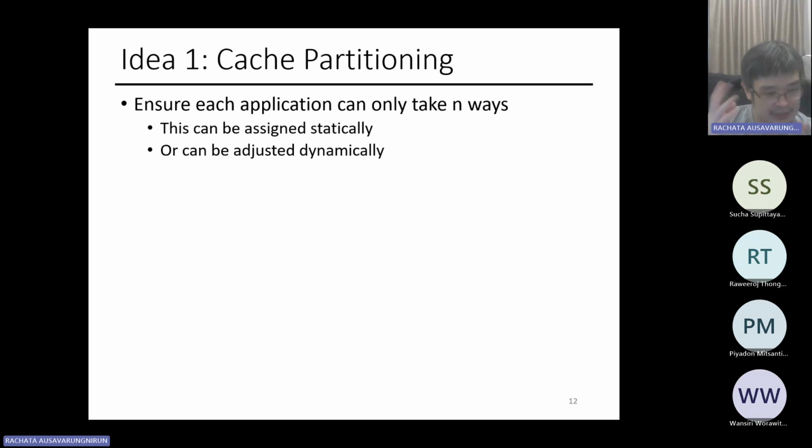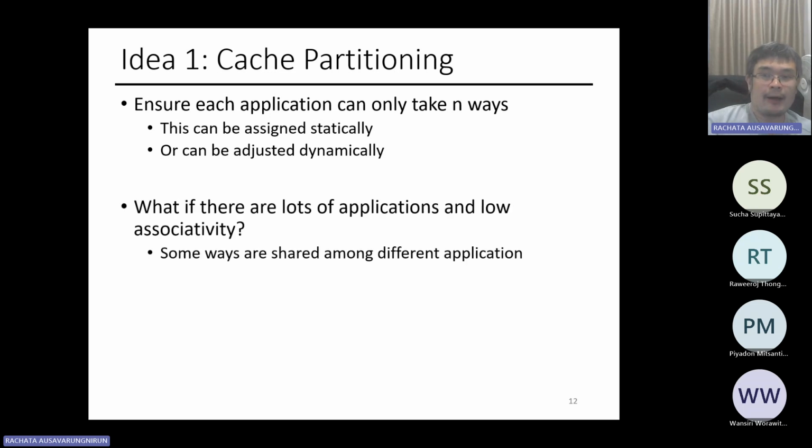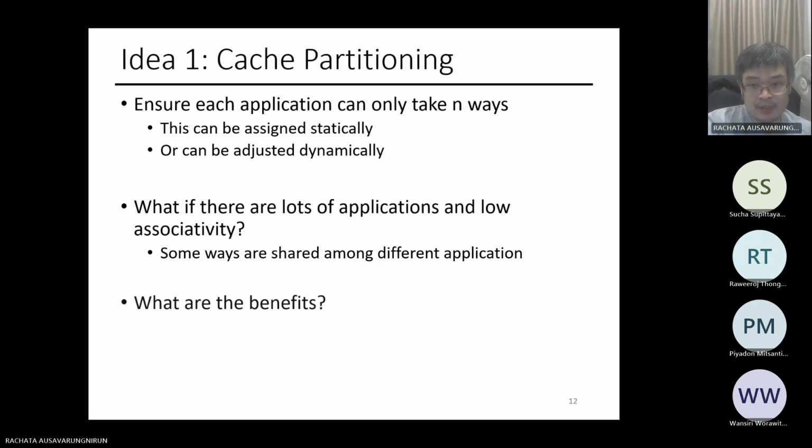Now, this can be assigned statically. It means that at the beginning of your program, maybe you profile and see how many ways you need. And then you say, okay, this program is beneficial if I give it 3 ways, so I'll give it 3 ways. Or this can be adjusted dynamically. What if you have multiple applications and you don't have a lot of ways? Let's say you have an 8-way cache and you're running 6 applications. In this case, some ways are going to be shared among different applications.